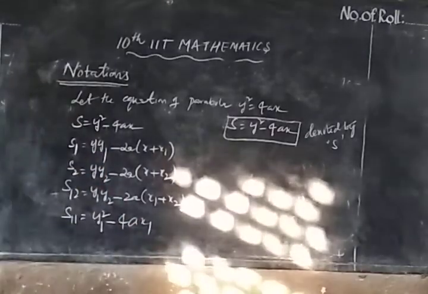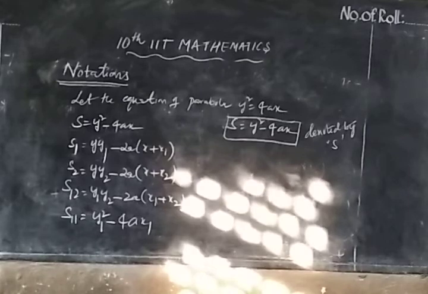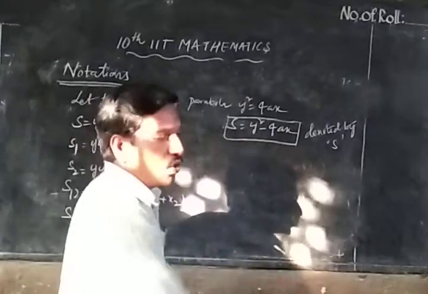These are the notations of the equation of the parabola y² = 4ax.